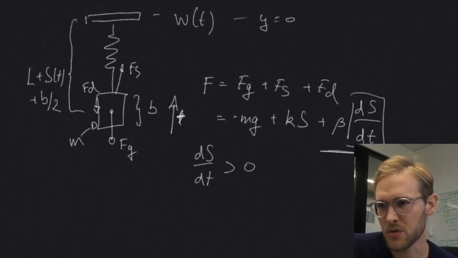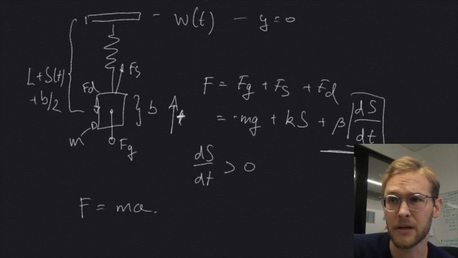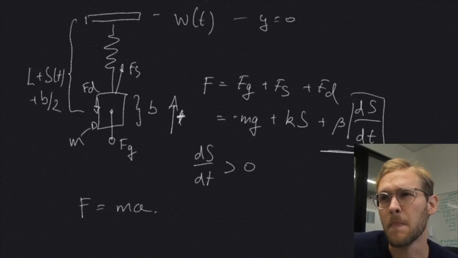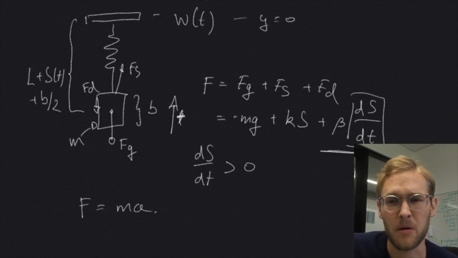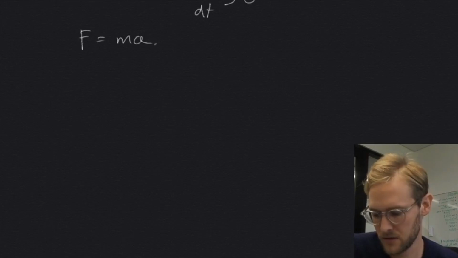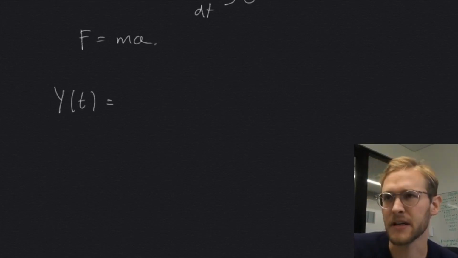And what we want to do, like in all of these types of situations, is apply Newton's second law, right? Before we do that, let us write up everything we need to know about the position of the actual box, all right? So the position would be some y, which is dependent on time.